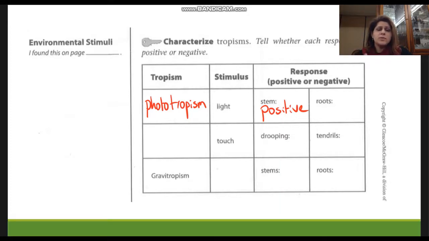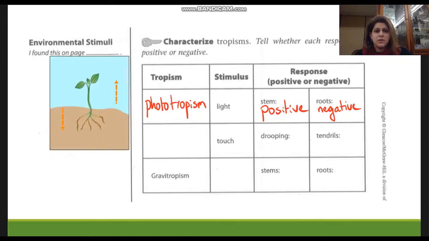What about the roots? The roots are going towards the ground. So away from the stimulus, away from light, down into the ground. So you call it a negative response. Okay, so you have the stem. Look at the stem in this picture in here. It's growing towards the light, so positive response, and the roots are going downwards, so negative response.